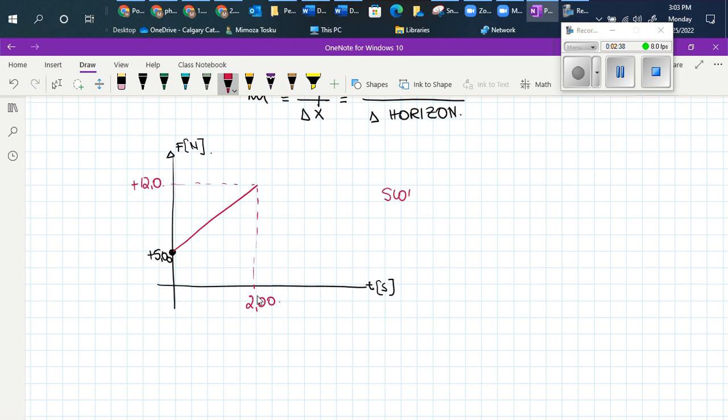So the slope, which is always the change of vertical over the change of horizontal, will be: the vertical change is this one here, and the horizontal change is this one here.